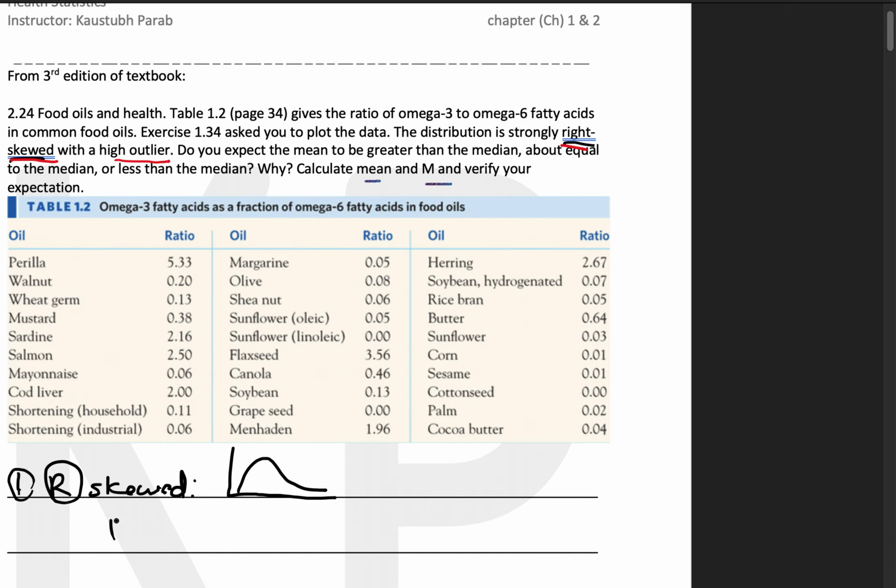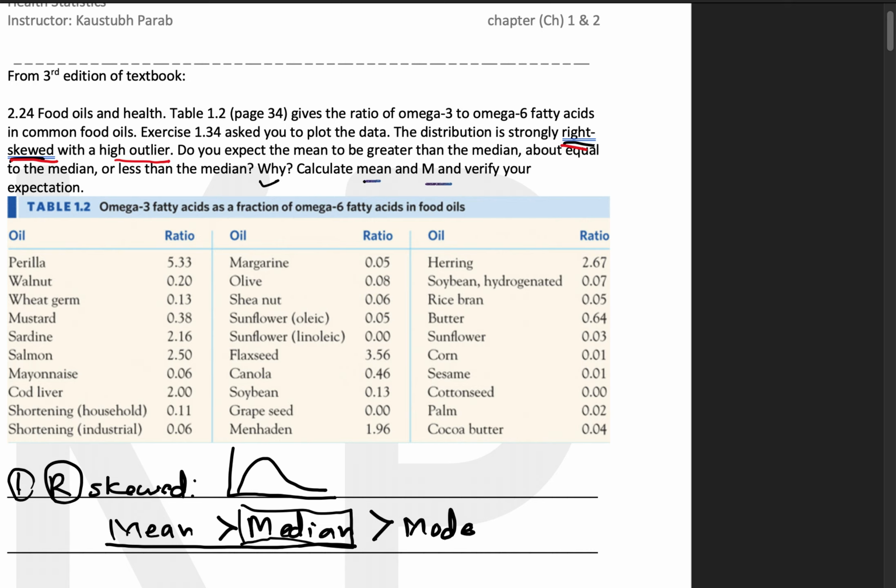And in that case, your mean becomes greater than median, which is also greater than mode. So the answer for this sub question is mean is going to be greater than median, because simply the mean is not resistant to skewness and it is getting pulled toward the skewed side, while the median is resistant to the skewness. So we also explained the why part.